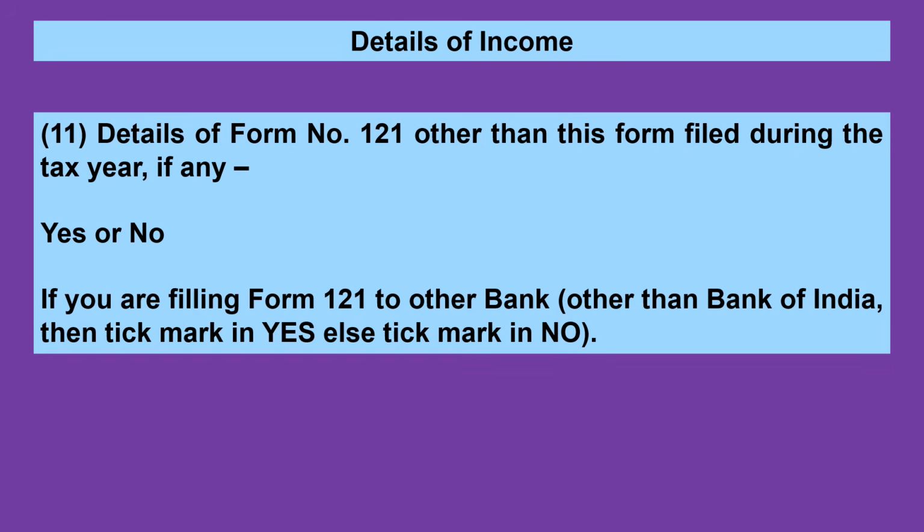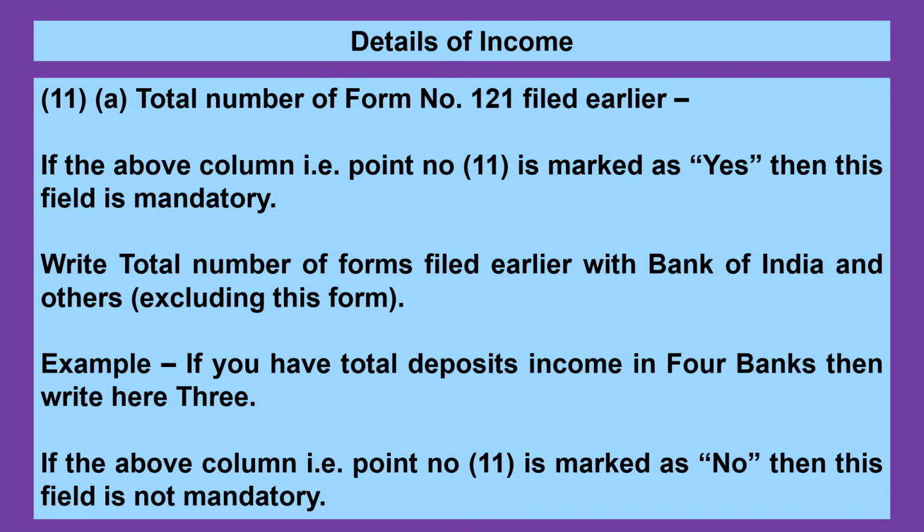Point number 11. Details of Form number 121 other than this form filed during the tax year, if any. Yes or no. If you are filling Form 121 for another bank, meaning other than Bank of India, then tick mark yes, else tick mark no. Point number 11A, total number of Form number 121 filed earlier.